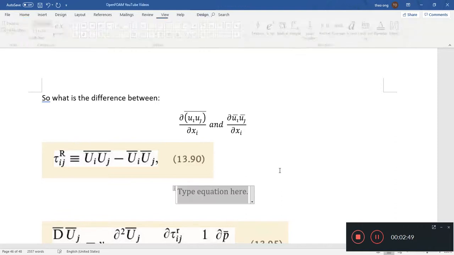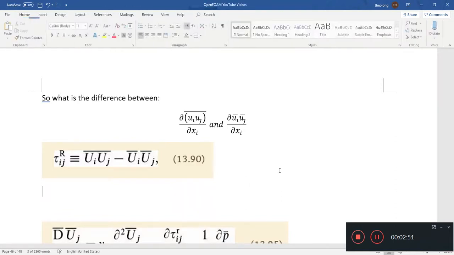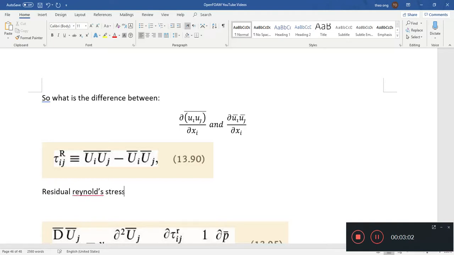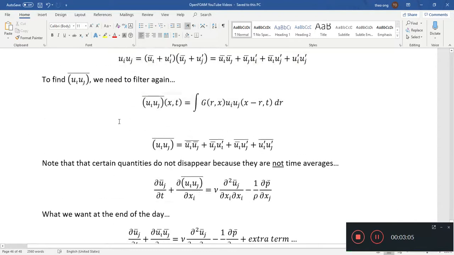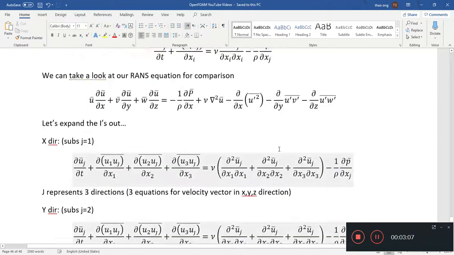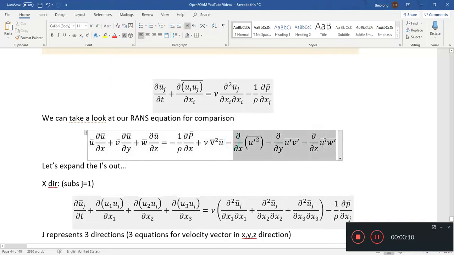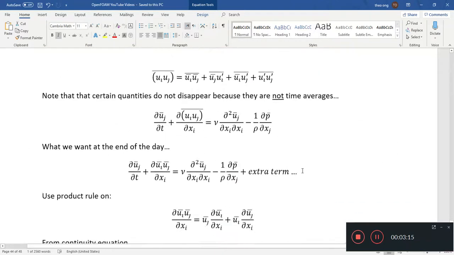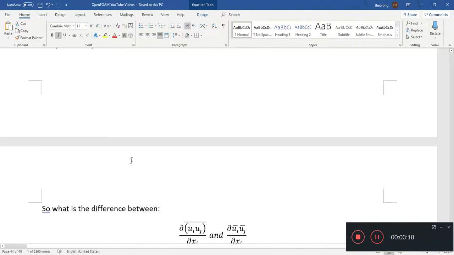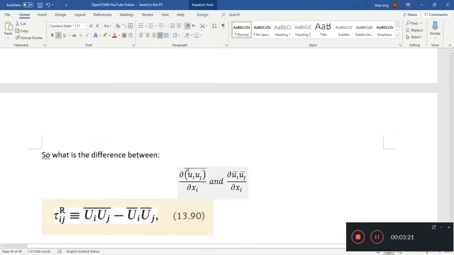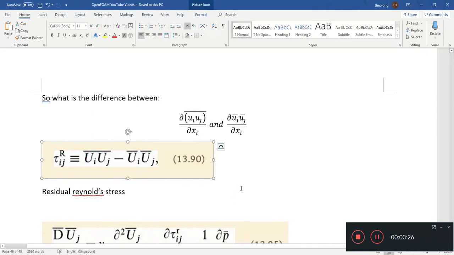So this is a subgrid scale, or residual Reynolds stress. You remember, in your Reynolds averaged Navier-Stokes, there are some extra terms that actually hung around after the whole averaging process. In a similar analogy, we can lump every term that is different between this and this under a Reynolds stress.